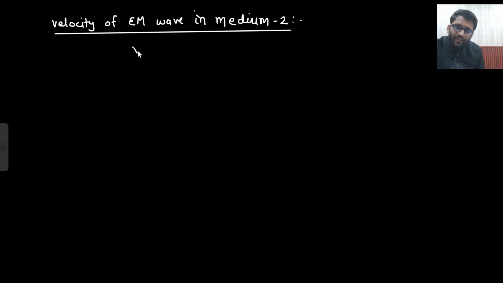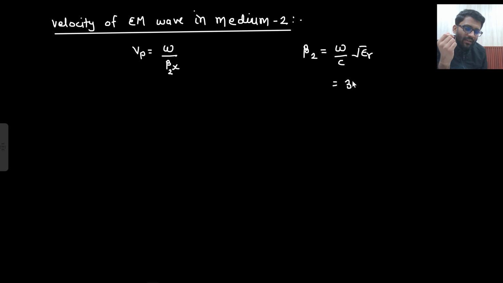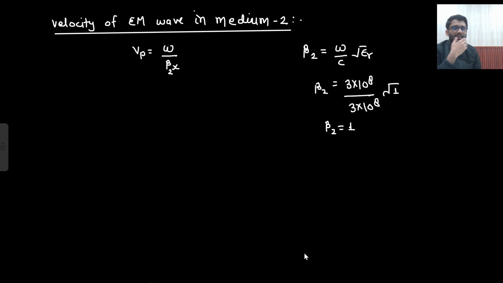For that, Vp equals omega upon beta x, beta 2x actually, the beta of medium 2 in x. What is the beta of medium 2? Beta of medium 2 is omega by c root epsilon r. What is the value of omega given? 3 into 10 to the power 8. What is the value of c? 3 into 10 to the power 8. What is epsilon r here? 1. So beta 2 is 1 only. I have set the value of beta in a manner that it is 1 only.